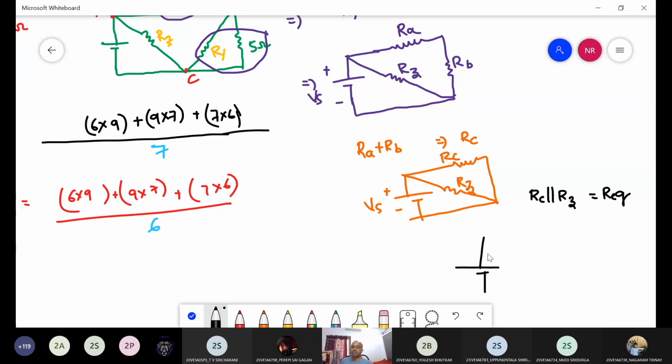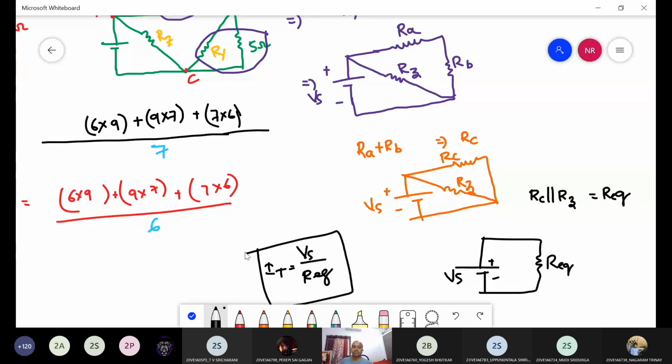So the next possible combination is here. This is R equivalent. Then I total is equal to Vs by R equivalent. You got my point?